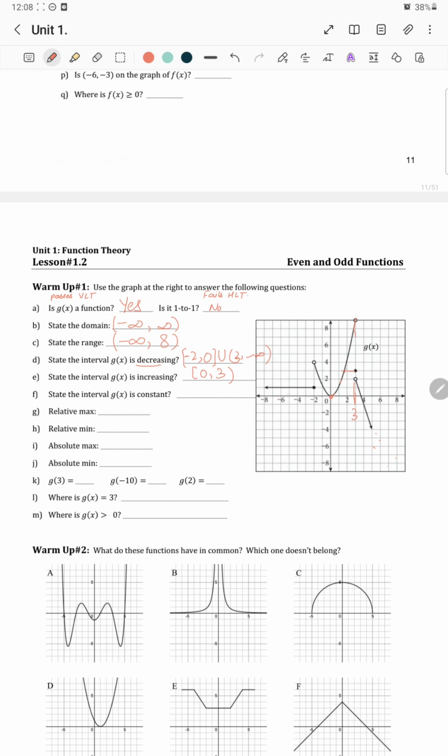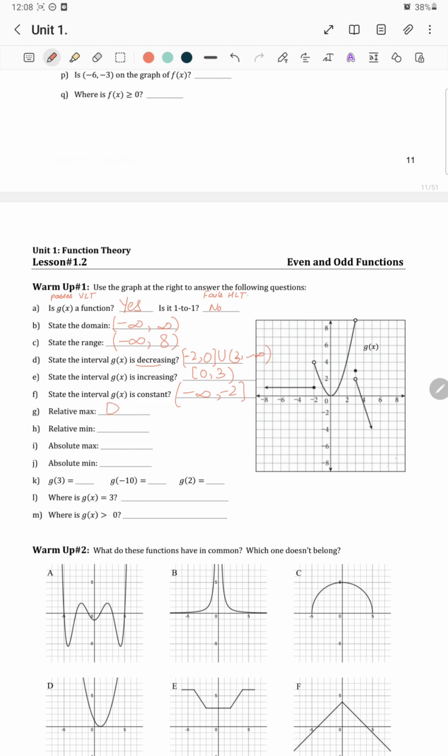State the interval where g of x is constant: from -2 to negative infinity, and -2 is included. Relative maximum. What is the relative maximum? Is there any maximum value that exists?